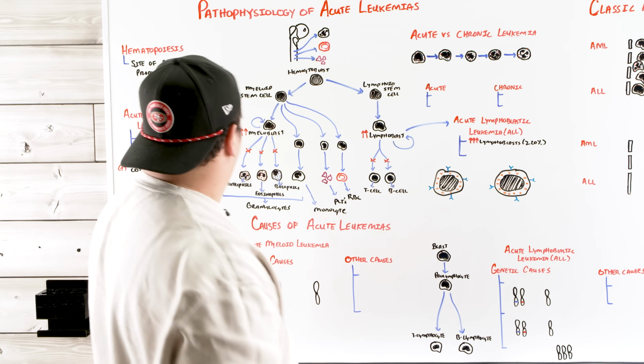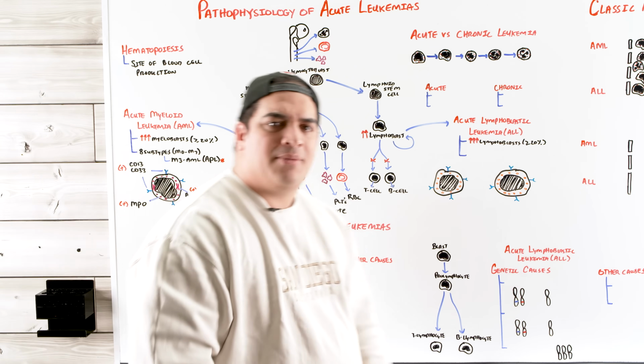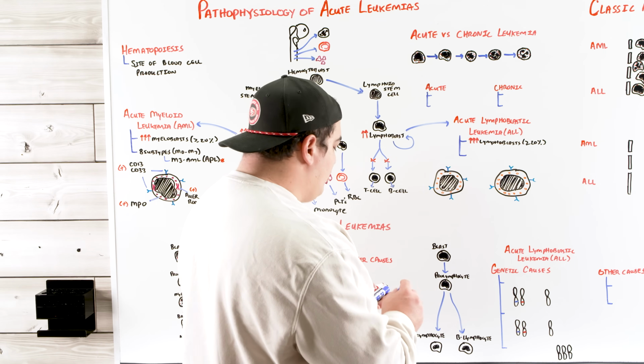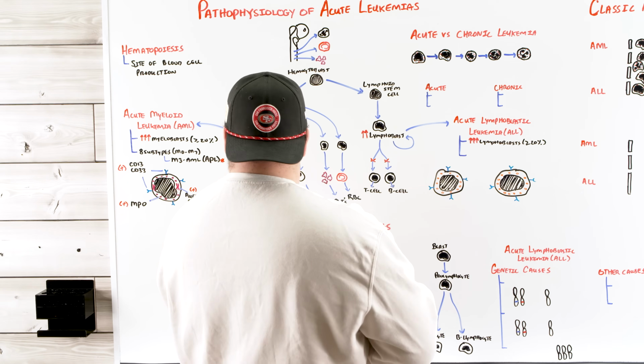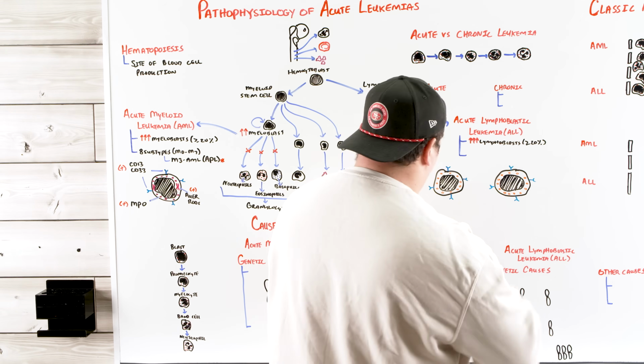The next thing I need you to know is there's 8 subtypes for AML. What about the subtypes for ALL? It's pretty cool. For this one, it's only 2 specific ones that I really want you to know about. One is going to be T-cell ALL. All right, so watch this. I'm actually going to bifurcate this.